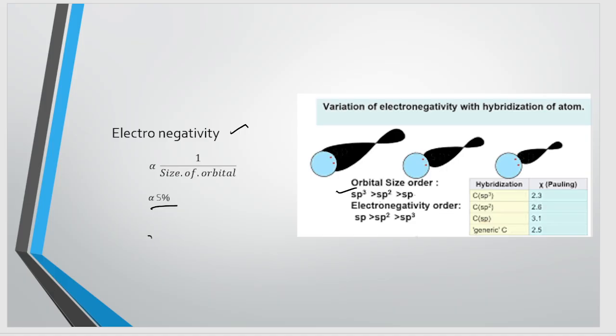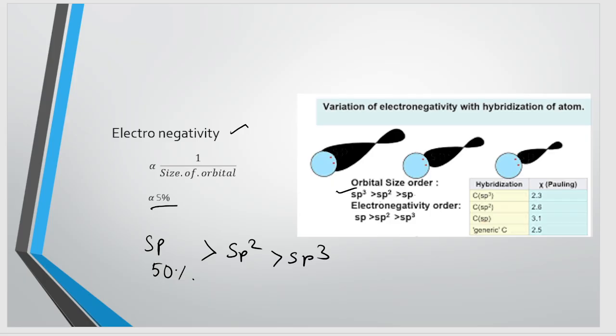Directly proportional to the s character means the sp hybridized carbon atom has 50% s character, and hence the sp hybridized orbital has more tendency to attract the shared pair of electrons towards itself when compared to sp2 and sp3. This is about electronegativity versus the hybrid orbitals.